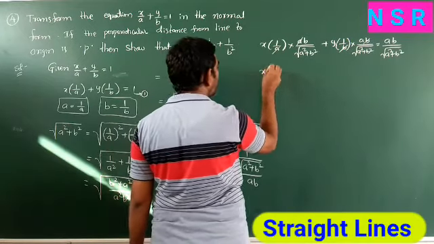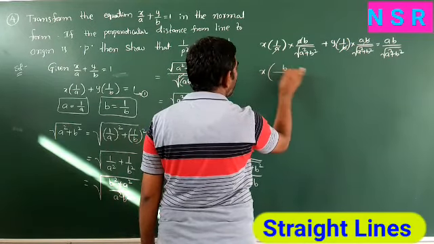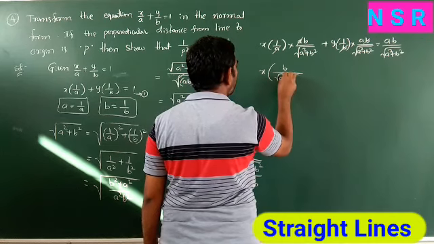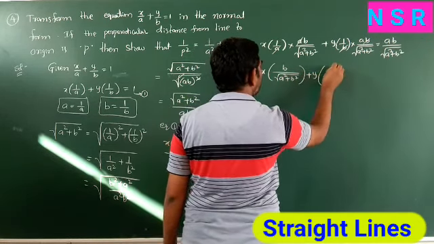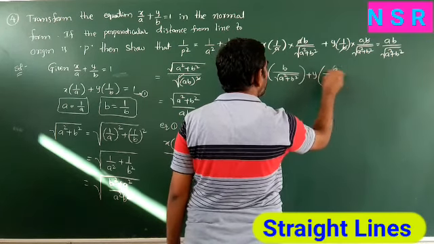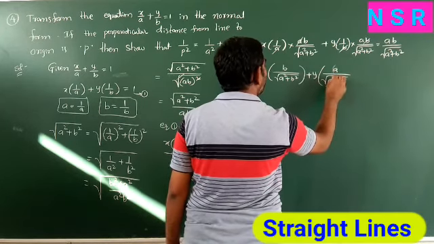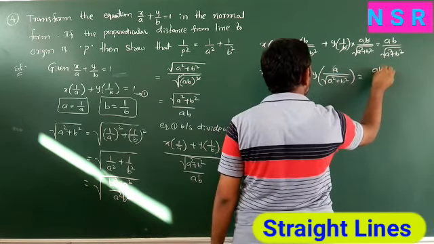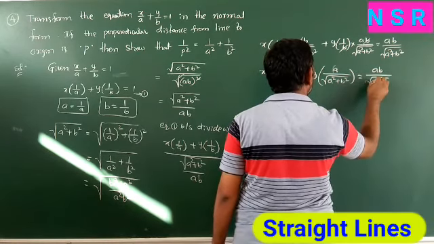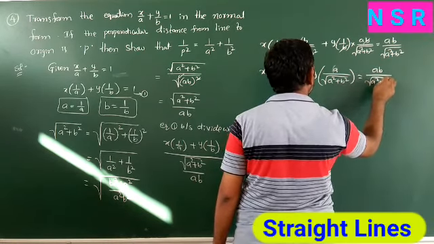So we get x into b by square root of a square plus b square plus y into a by square root of a square plus b square equal to ab by square root of a square plus b square.